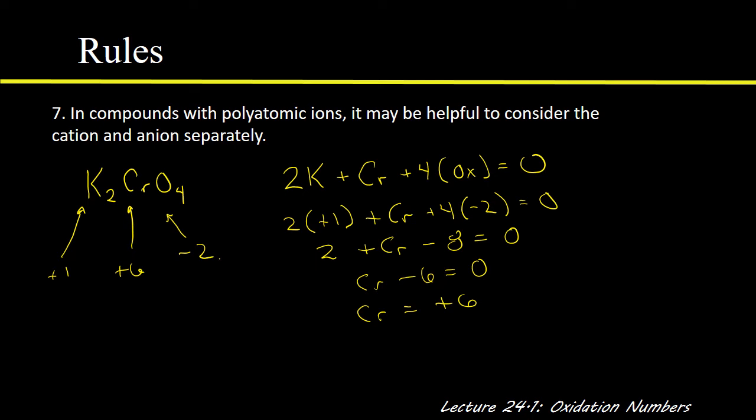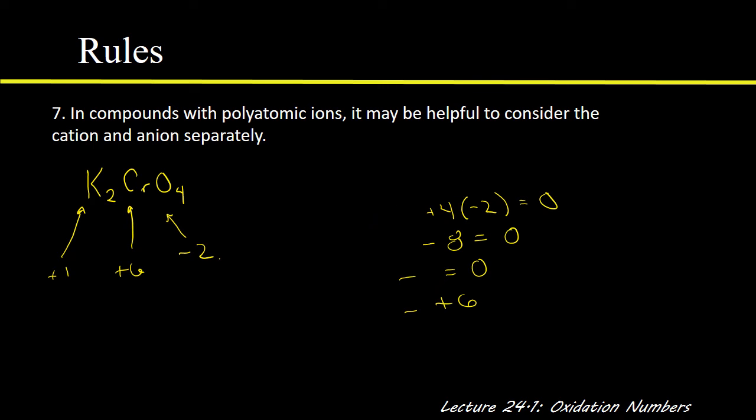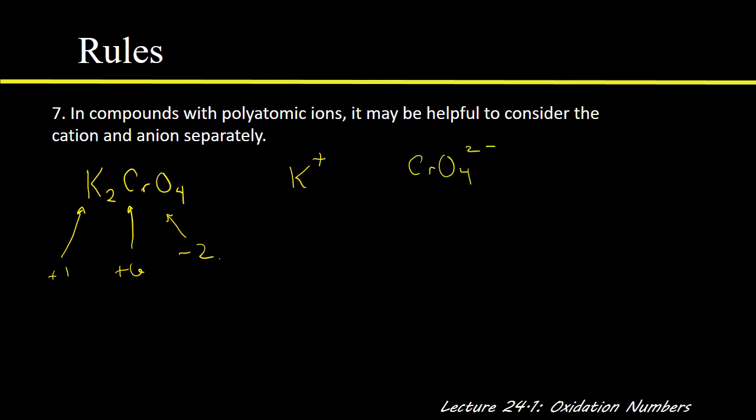All right, that's a perfectly acceptable way to do that problem, but the algebra is a little bit messier than it needs to be. We could simplify this a little bit if we just look at this potassium chromate and say, okay, I recognize these ions. Potassium chromate is a compound composed of potassium ions and chromate ions.